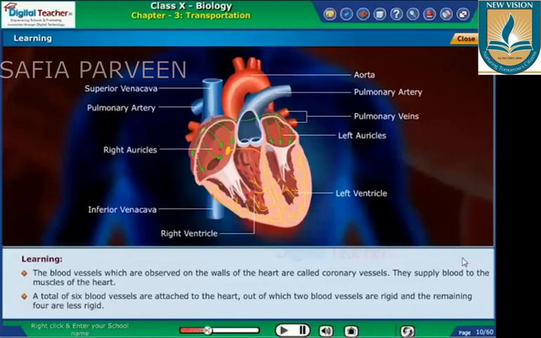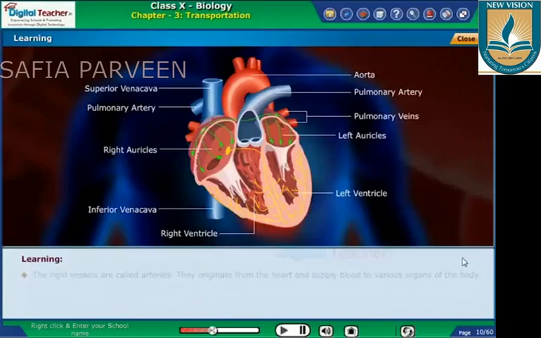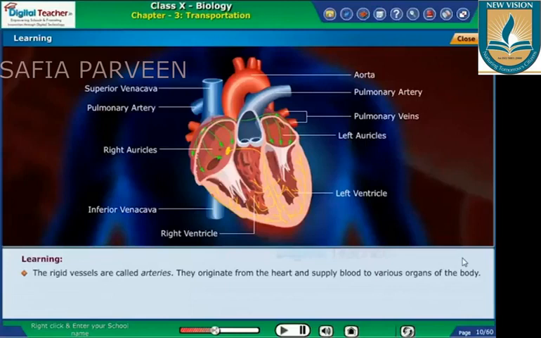We also saw that 6 blood vessels are attached to the heart. Two blood vessels are completely fixed to the heart, while the remaining 4 blood vessels are flexible. The rigid blood vessels are called arteries, and they originate from the heart and supply blood to various organs.